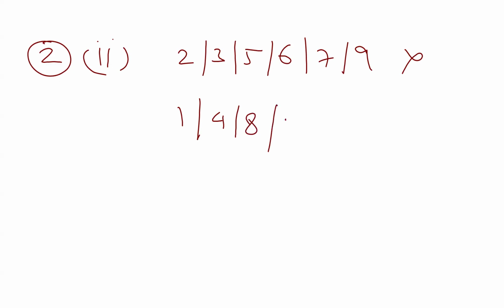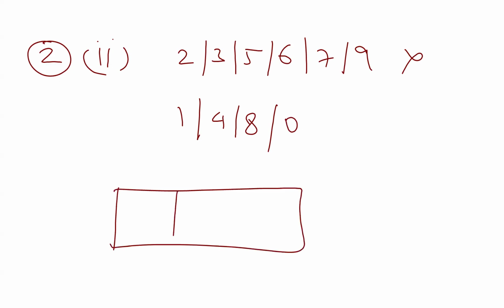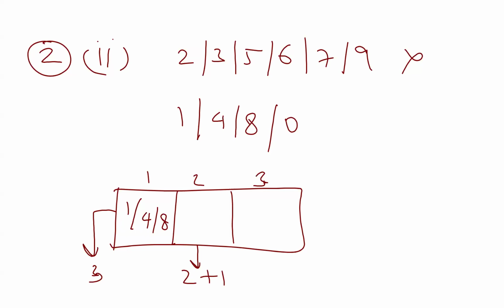And 0 also. So, 3-digit number: 1, 4, 8, 3 options. This will be 2 options plus 1 because now 0 also can be included. So these are a total of 3 options, and this is 2 options.